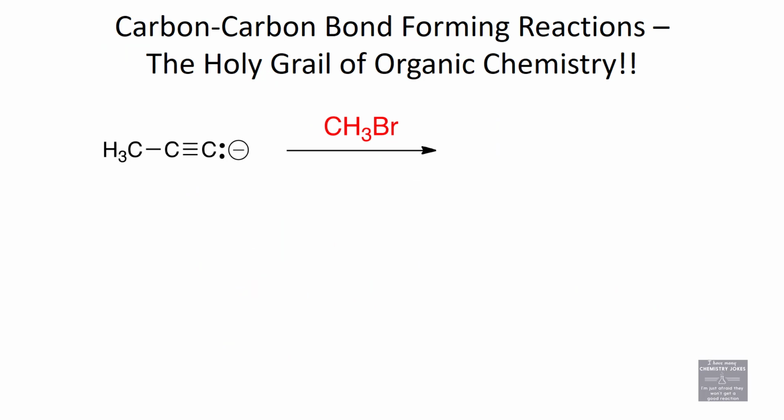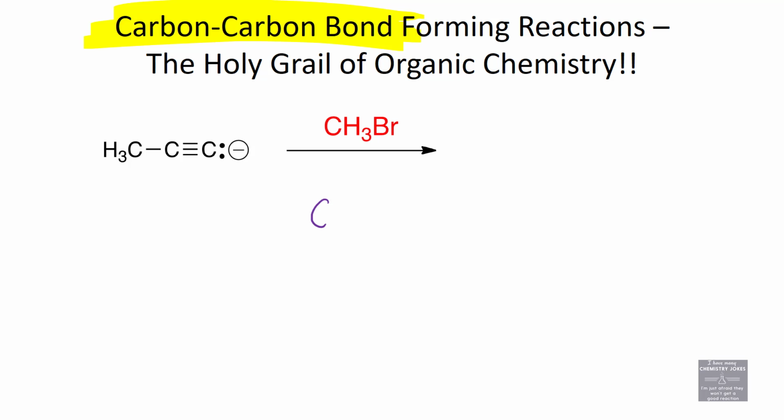Once I have a terminal alkyne deprotonated, what the heck do I do with that terminal alkyne? Well, you do reactions like this, and you make yourself a carbon-carbon bond. Carbon-carbon bond forming reactions are the holy grail of organic chemistry. What does that mean?